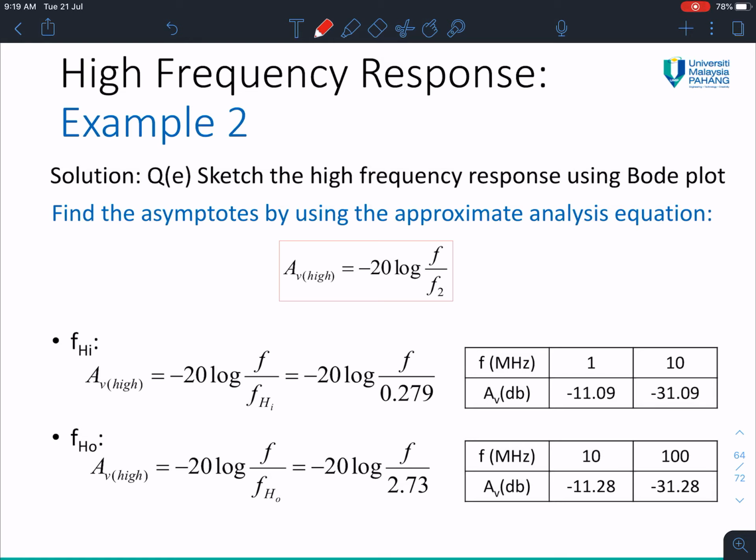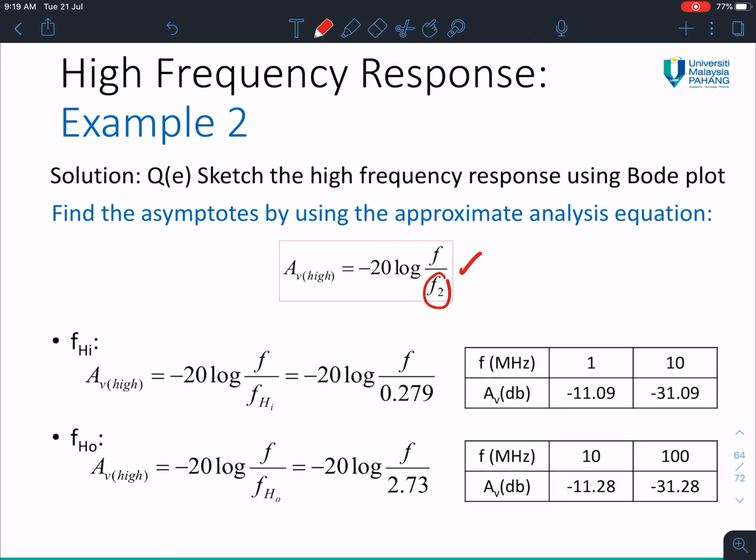Okay, now after we calculate all the frequencies, FH in and FH out, we can sketch the asymptote using those frequencies. We use the same formula as we have done for the low frequency response. So this is the formula: AV high equals negative 20 log F divided by F2.